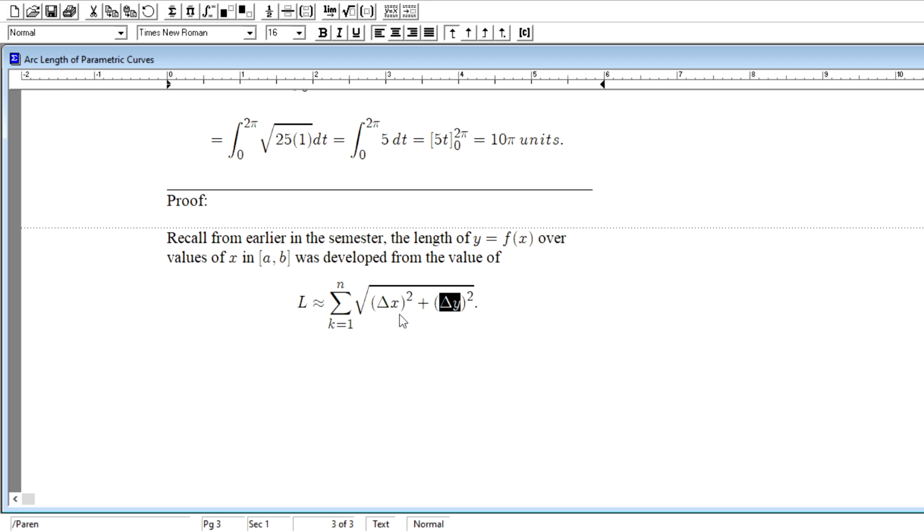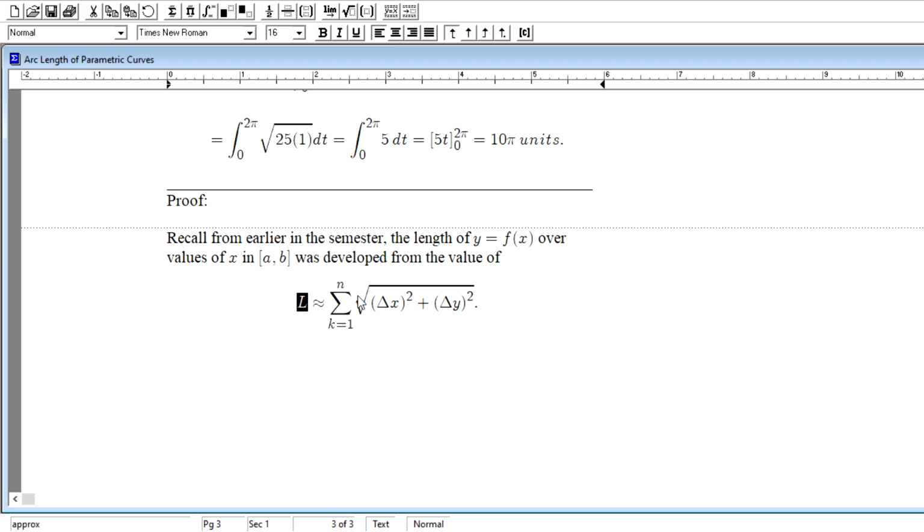The square of those two small incremental changes added together and then taking the square root, coming from the Pythagorean theorem, would give me the incremental change of the length over a kth subinterval. If we sum that up over all n subintervals, we obtain an approximation of the overall length, the value of L.